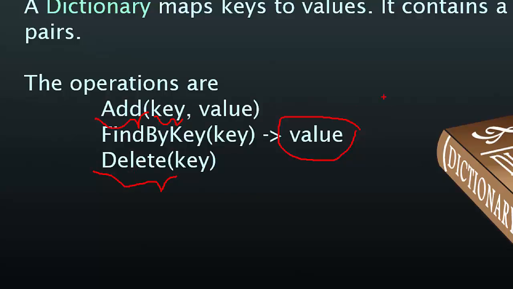All right, so what do you think, if I have to add an element to a dictionary, how many steps do you think it will take? 2. Why 2? One to add the class, and then one to add the value. Okay, so one to add the key.